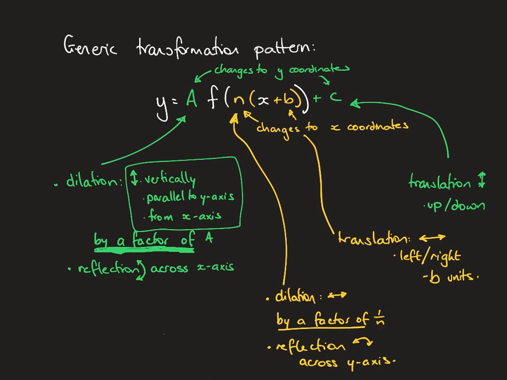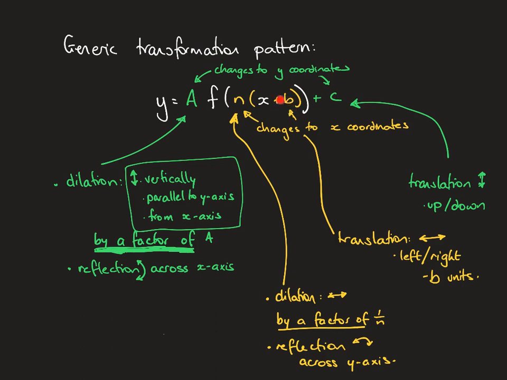It's not times n. The reflection is reflecting in this way, so we're swapping this direction, which is across the y-axis. And for our translations, you'll notice I've got plus b here in this bracket, and this allows me to say that my translation is negative b units. So it's the opposite to whatever is here.